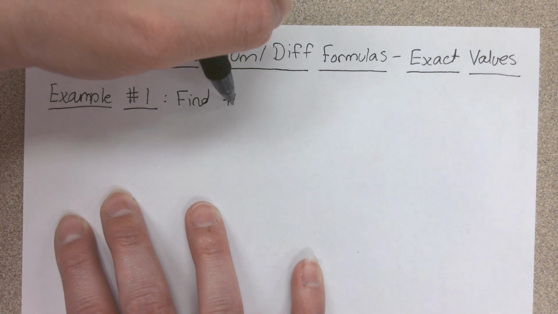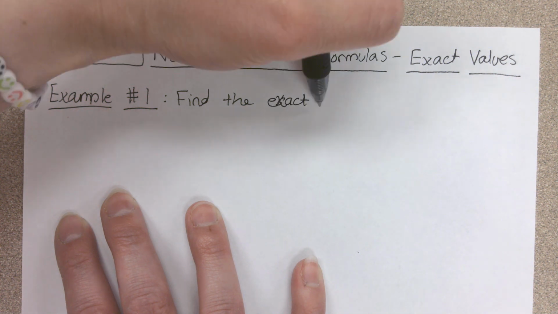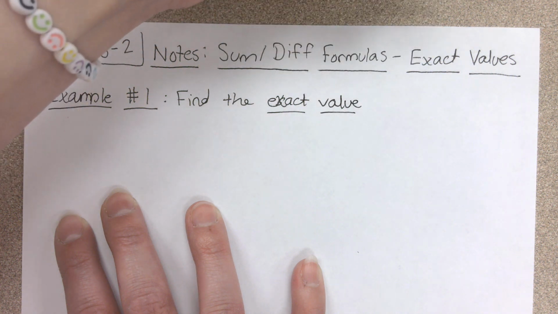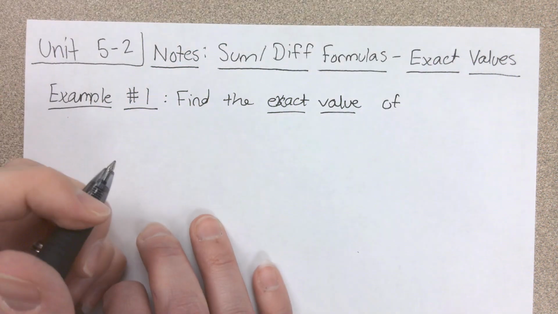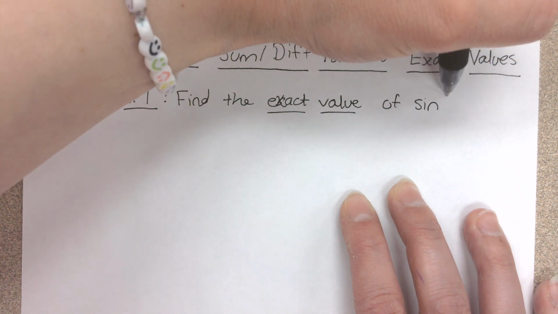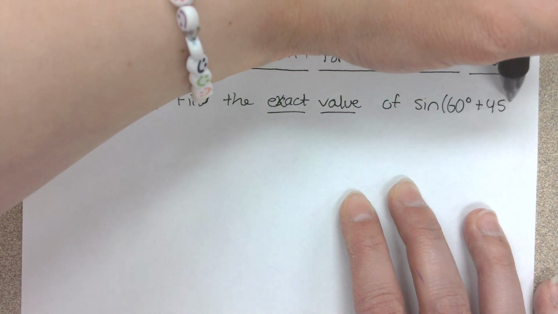Find the exact value of sine of 60 degrees plus 45 degrees.